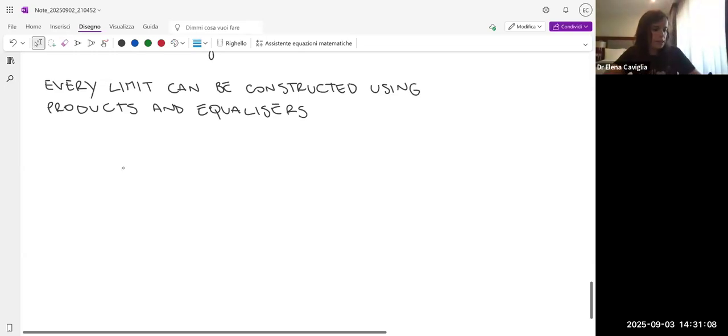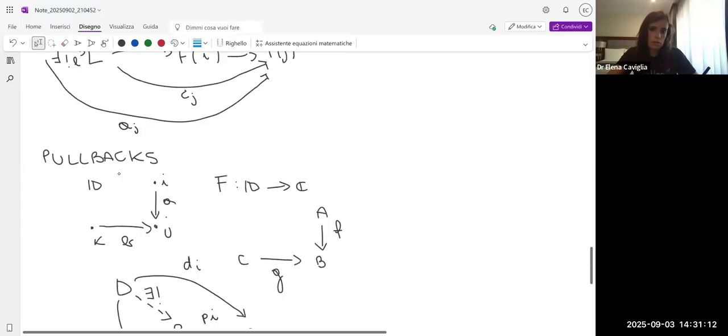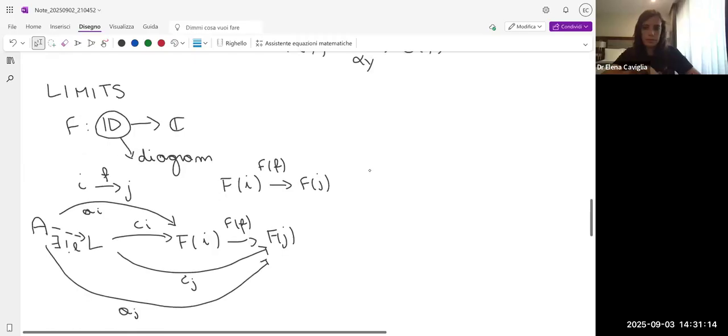Okay, so in the same situation we had before, we say that L is the limit of the diagram of the functor F precisely if this happens.